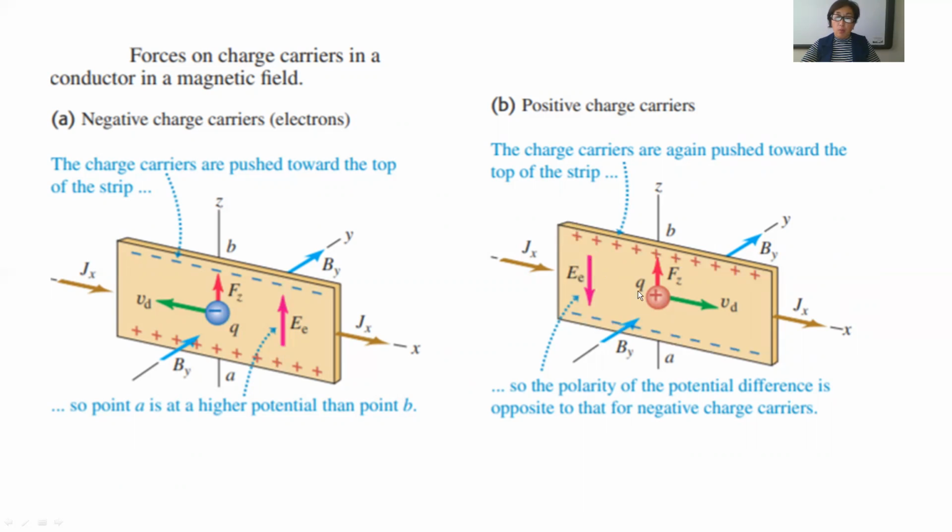The positive electrical charge moves in the direction of the velocity, and this is the direction of the force, because the charge carriers are again pushed toward the top of the strip. So the polarity of the potential difference is opposite to that for negative charge carriers.